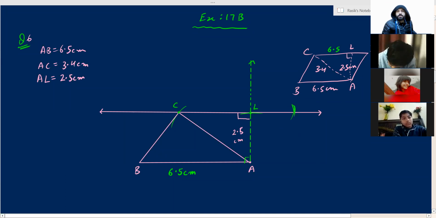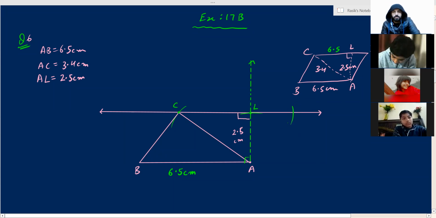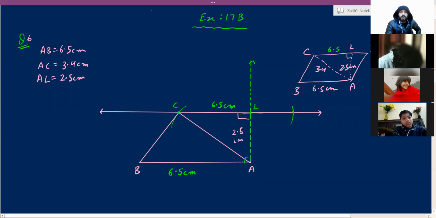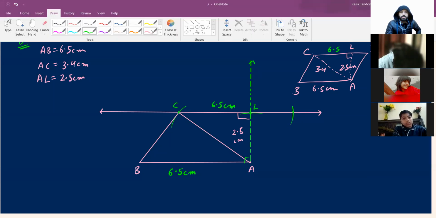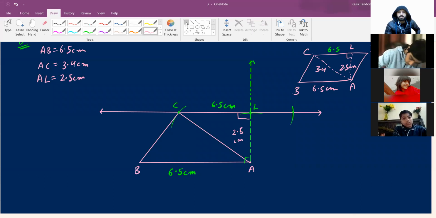This point of intersection is your vertex D. This distance is also 6.5. We have cut this arc from vertex C at a distance of 6.5 with the help of compass. Now we join AD and we have got the required parallelogram.